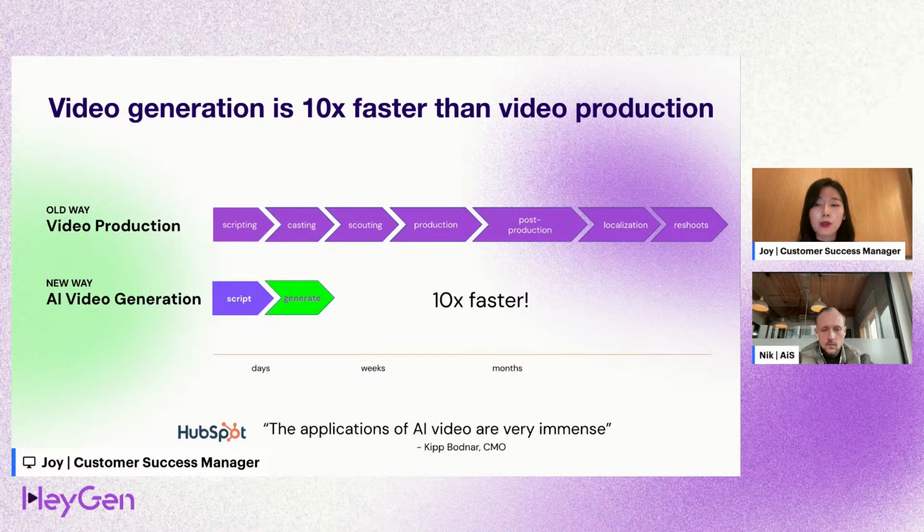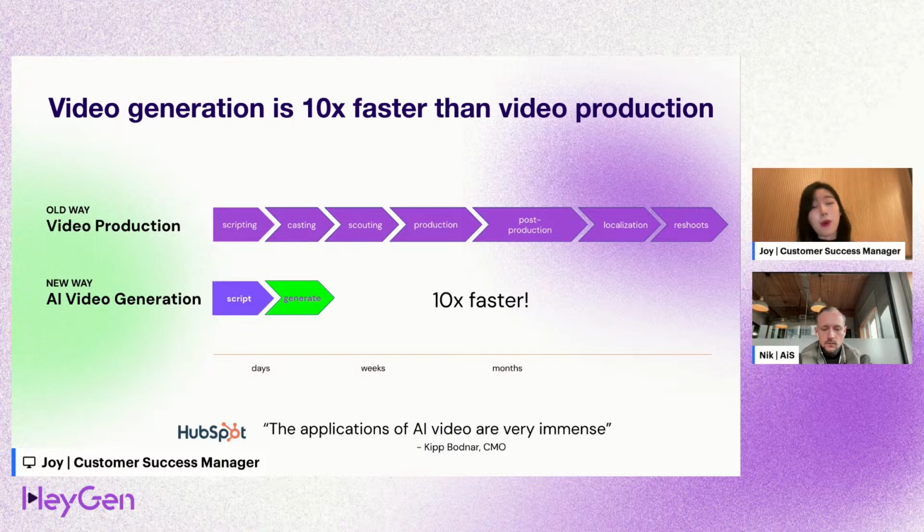We are trying to use AI video generation to replace the old way of video production. If we look at these slides, there are multiple steps when we want to create a video in the traditional way. We need to write the script, hire a professional crew to shoot the videos, and then there is lots of post-production.